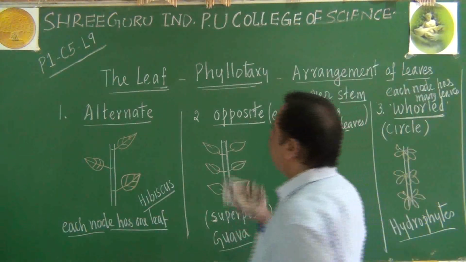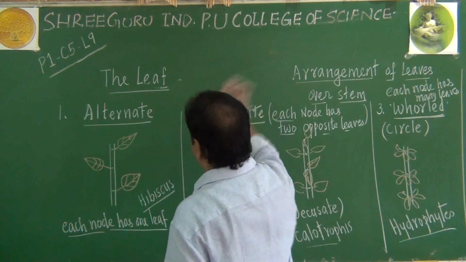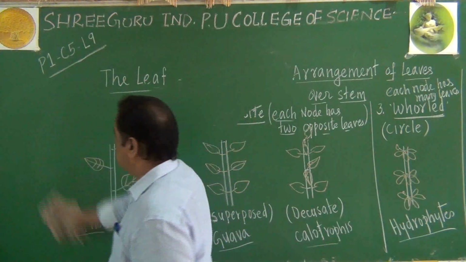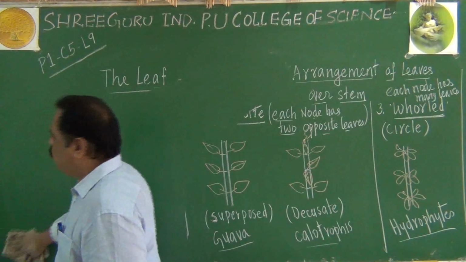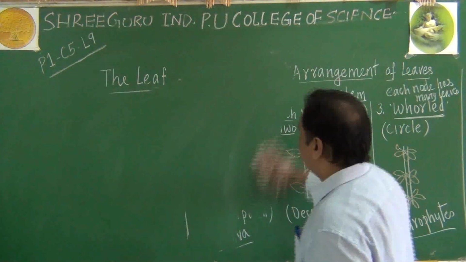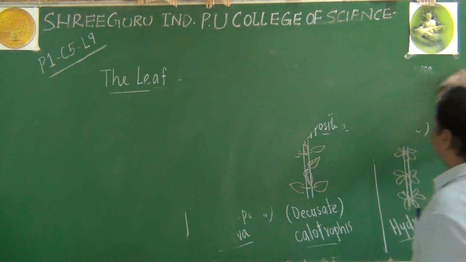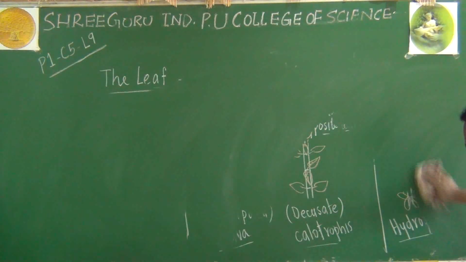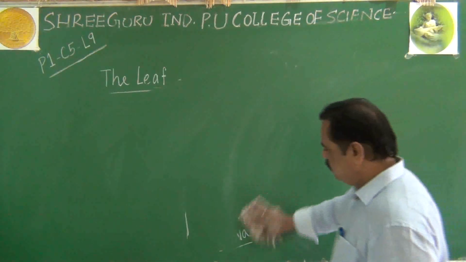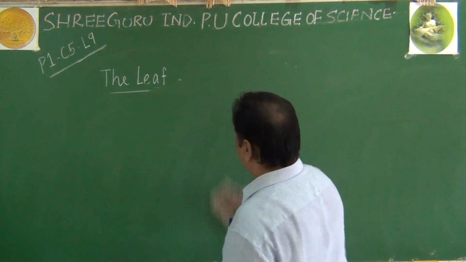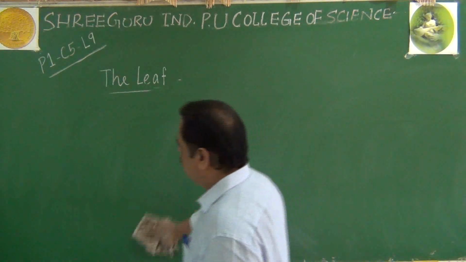Okay, students, let me continue with another aspect related to leaf. In leaf, we have seen venation, we have seen types of leaves, and we saw about phyllotaxy also.